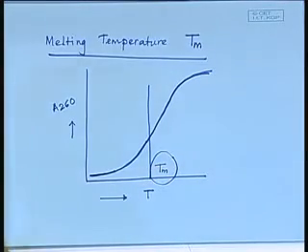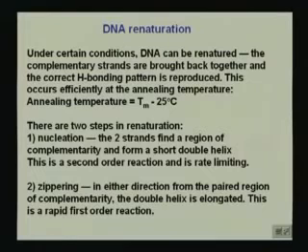Before we get into that, we have the renaturation that we were talking about. We have a Tm minus 25 degrees centigrade, that is going to be an efficient annealing temperature, where the strands are brought back together.